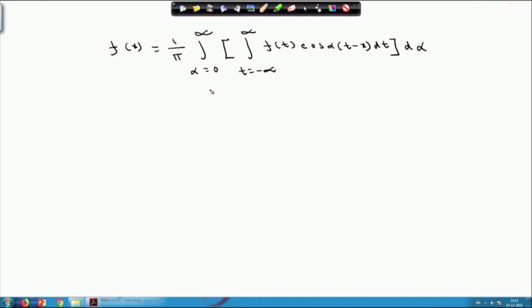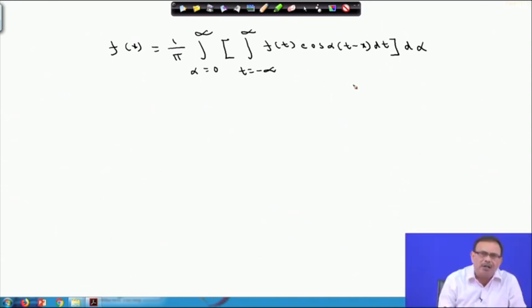I am not explaining this again, because we already did it in the introductory lectures of the Fourier transform. Recalling those, I am directly writing the Fourier integral representation of f(x).